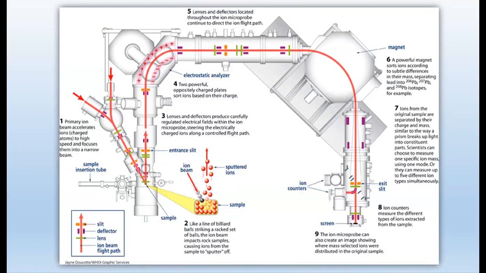So we're using the cesium gun, and we're going to fire that down onto the sample surface. The sample surface will get sputtered, and that material will get transported through the rest of the instrument, being an electrostatic analyzer, which is basically sorting out all the junk that's coming off the surface, to the masses we're interested in measuring.